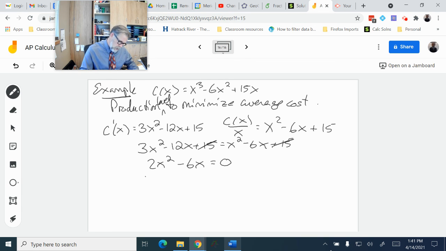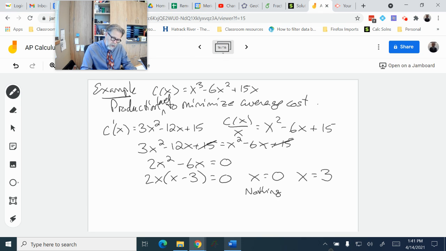I could do this one in a quadratic formula, but on the other hand, why would I bother when it's that easy? Production level to minimize average cost. I either produce nothing or I produce 3,000 units.